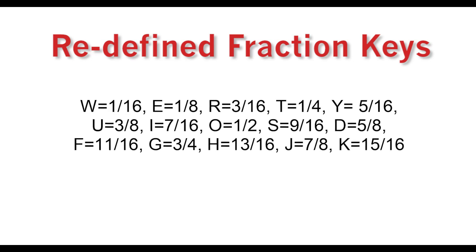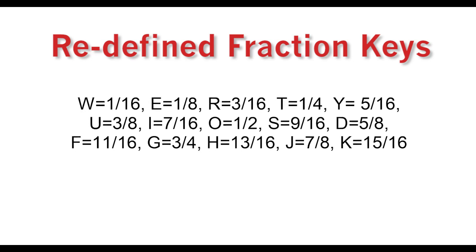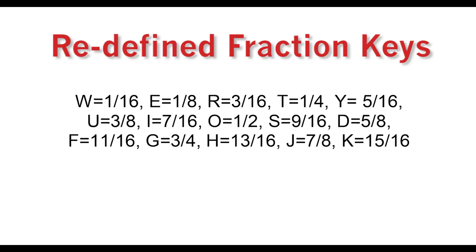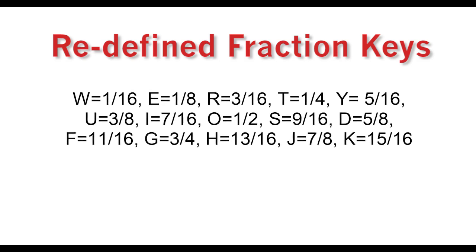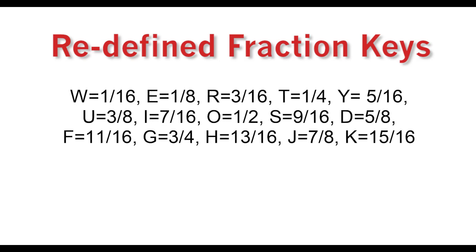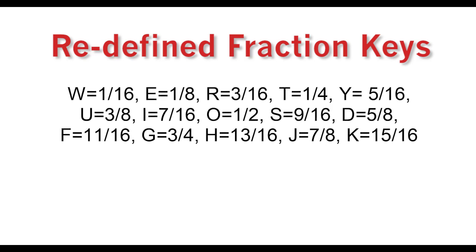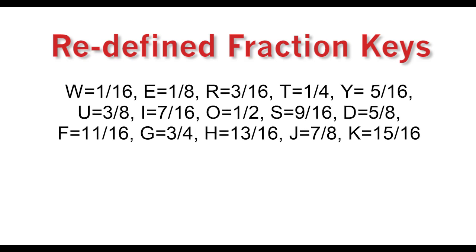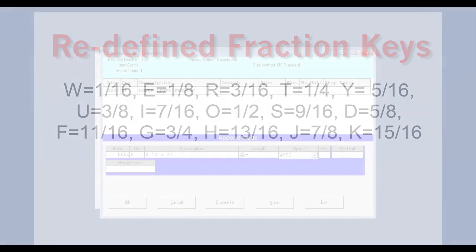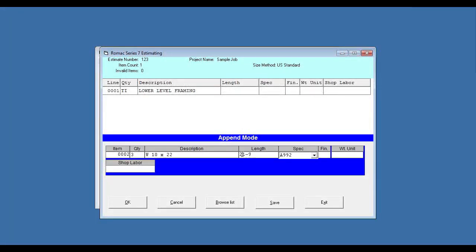For instance, a W would be 1/16, E would be 1/8, R would be 3/16, and etc. So you can enter fractions down to a 1/16 of an inch by using the predefined fraction shortcut keys. For instance, if you wanted to use the predefined fraction key for the length of 1/2, you'd just press O, and it automatically brings up the 1/2, saving you lots of time.